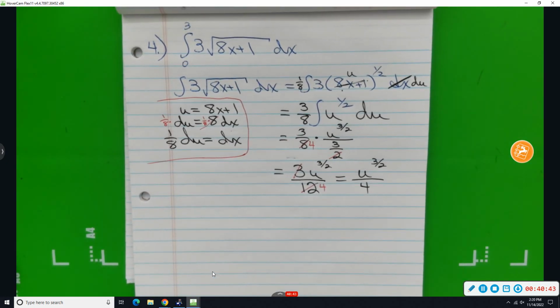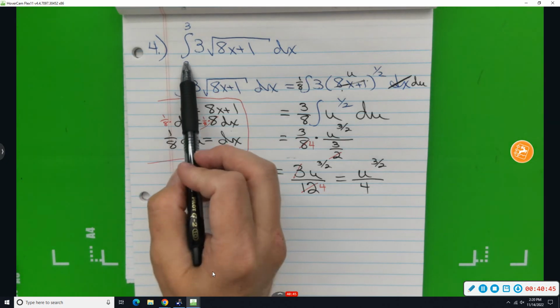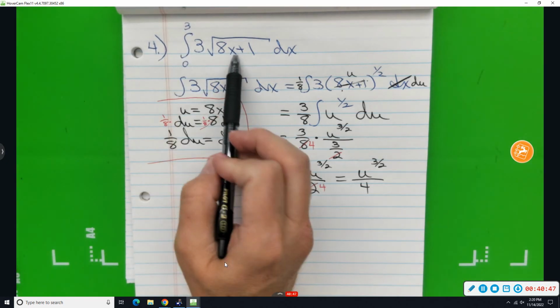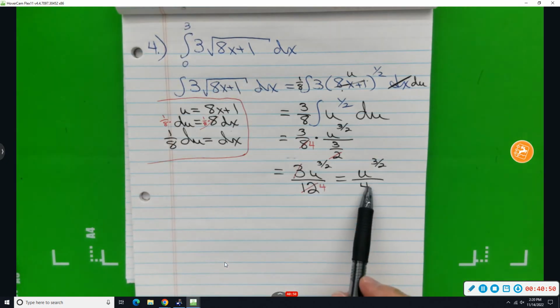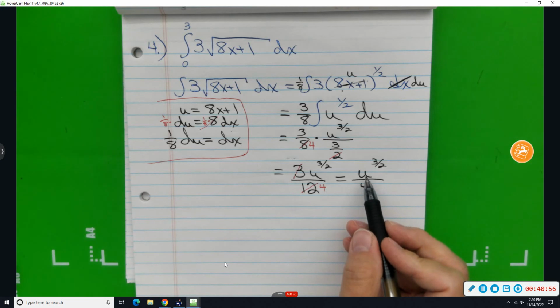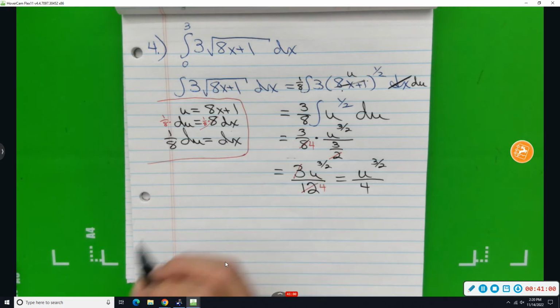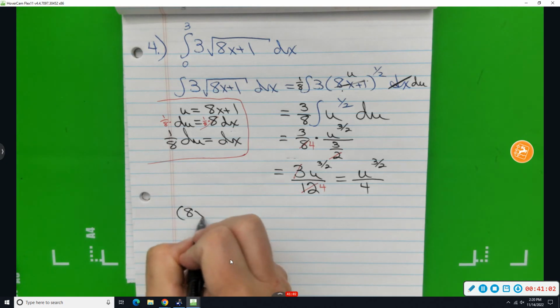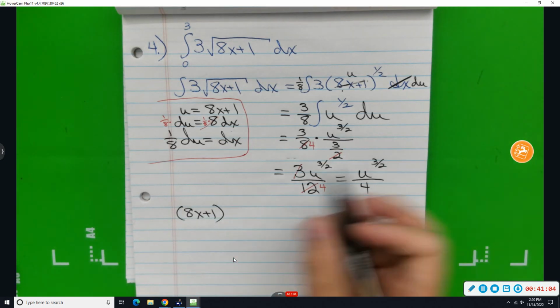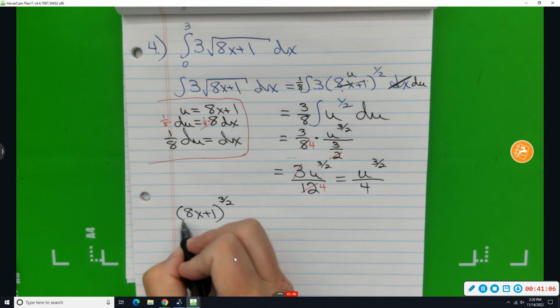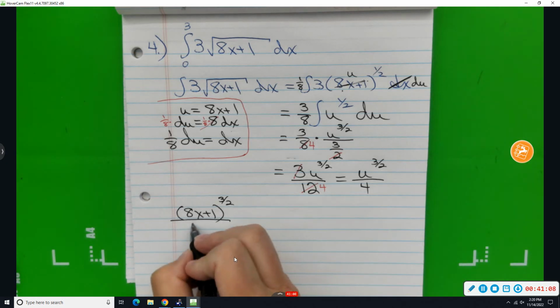But before we make the substitutions, 0 and 3 are in terms of x. Get the antiderivative back in terms of the original variable. So we have replaced the u. What was u replacing? 8x plus 1. So we have an 8x plus 1 to the 3/2 all over 4.